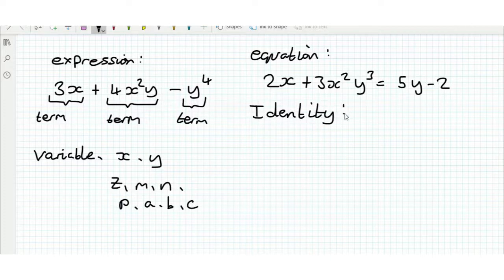And an identity is very similar to an equation, but with an identity we write this triple equal sign, and with an identity, we're not trying to solve for x and y, we're not trying to figure out which values satisfy an equation.